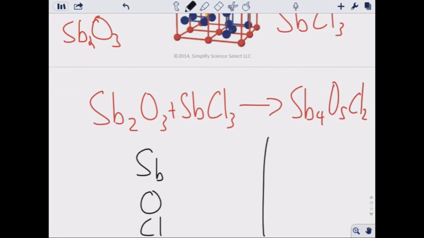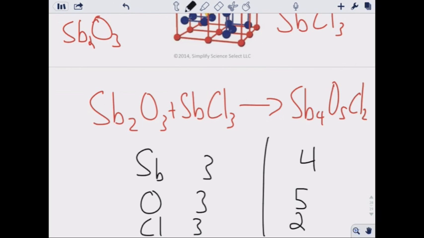We see that we have 2 plus 1, that's 3 antimony, and then over here we have 4. Oxygen, we have just 3 oxygen on this side, and on this side we have 5 oxygen. Chlorine, we have 3, and then we have 2. So it's a pretty tough equation for us to balance.